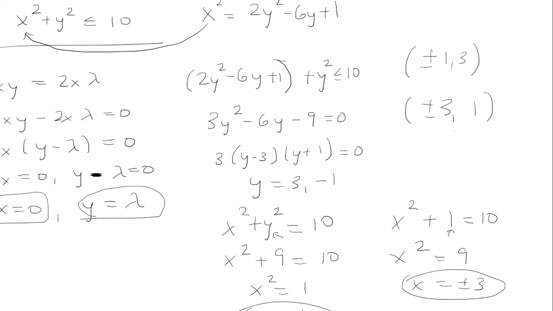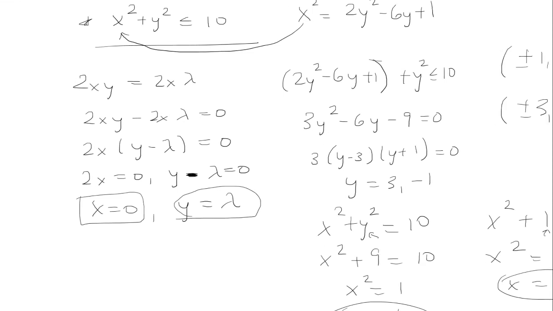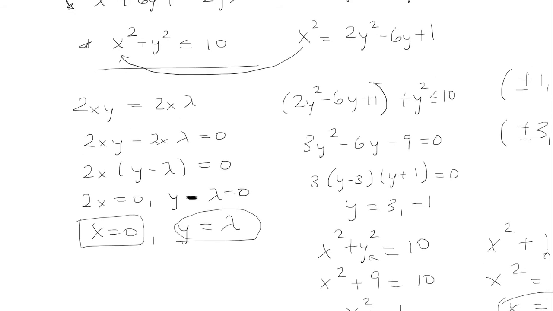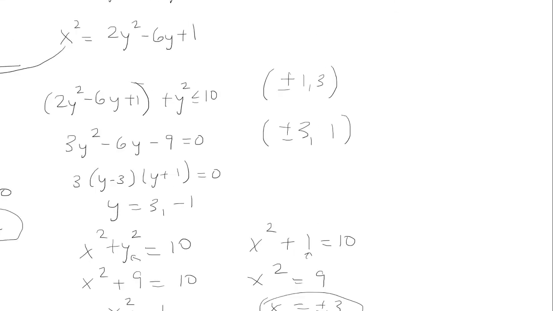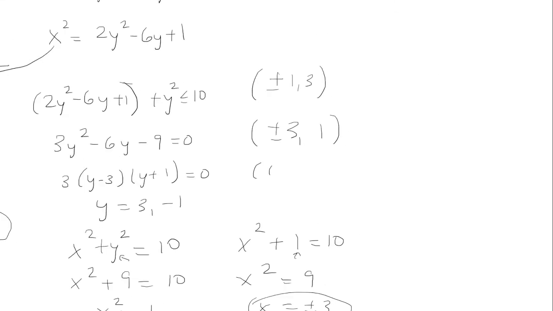Originally we had x equals 0 and I think y was plus or minus root 10, yeah. So let's look at that as well: 0, plus or minus root 10. Okay, so these are the ones that we have to test.